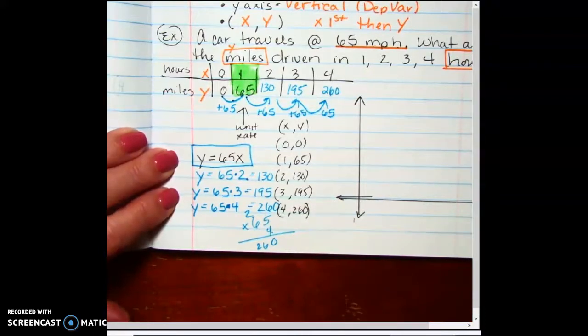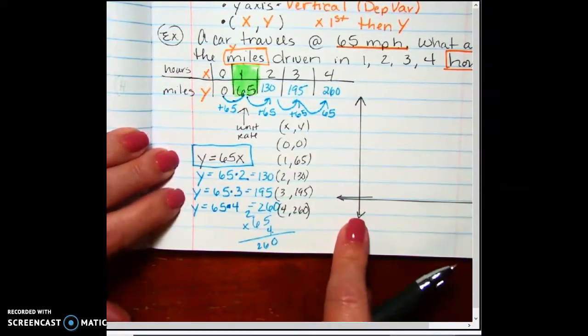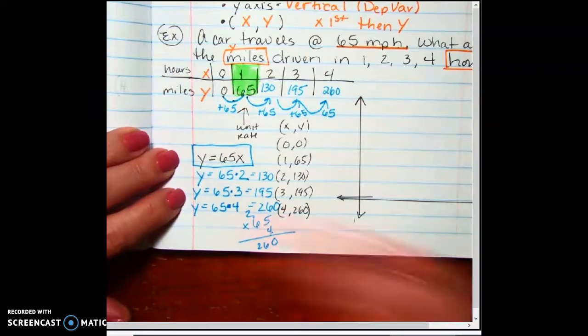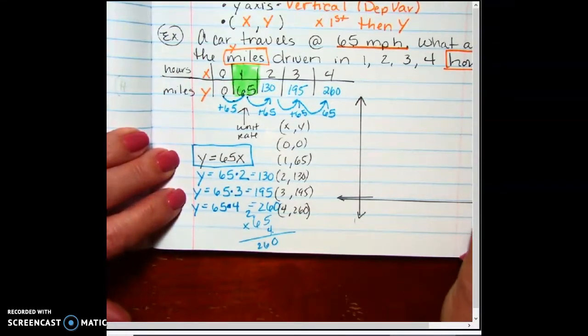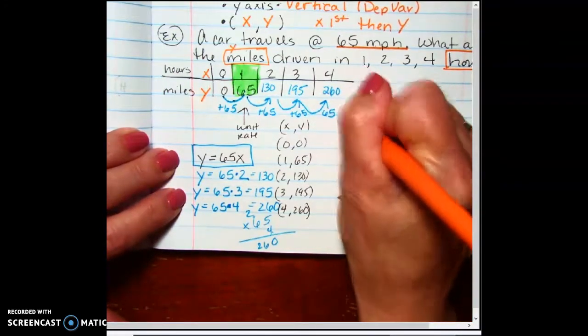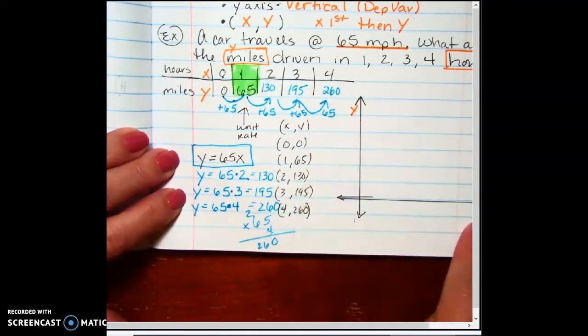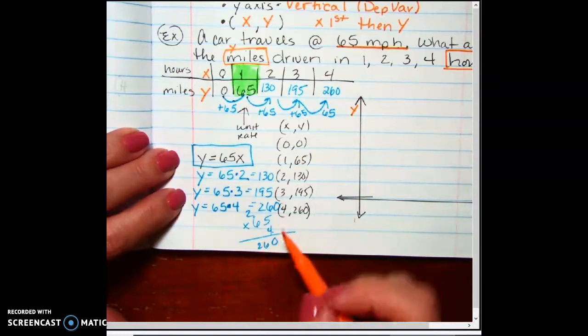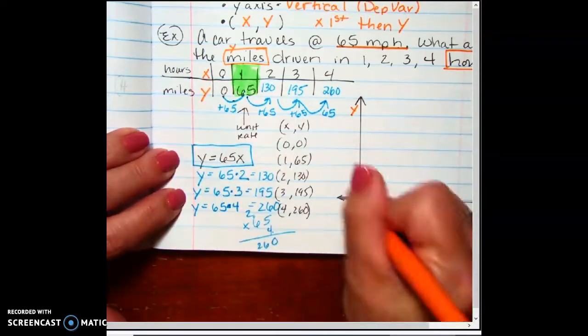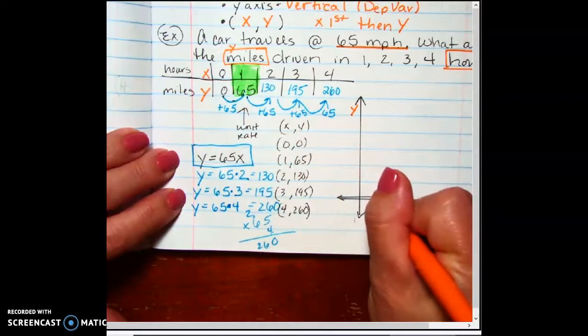Okay, let's do it. So here is my makeshift graph. So this is going to be x and this is y. Because when I graph, I use a grid. Now I have to put my intervals in. My x intervals, I have 0, which would be here.